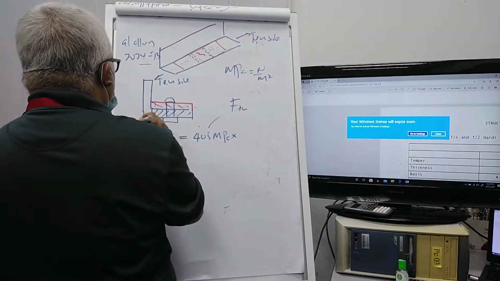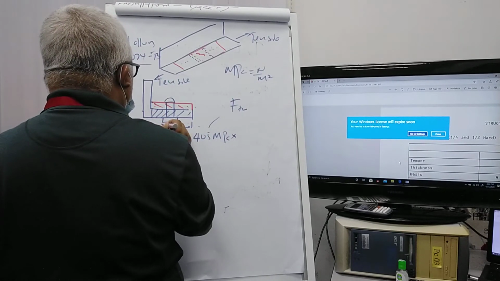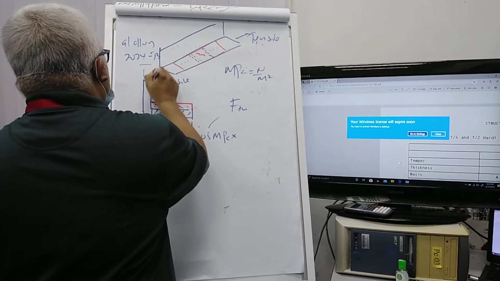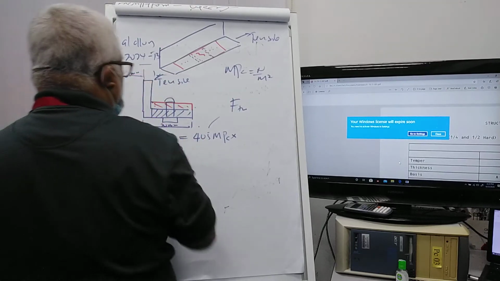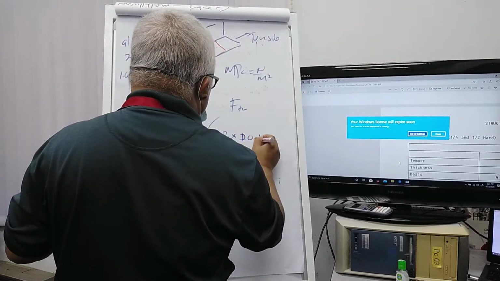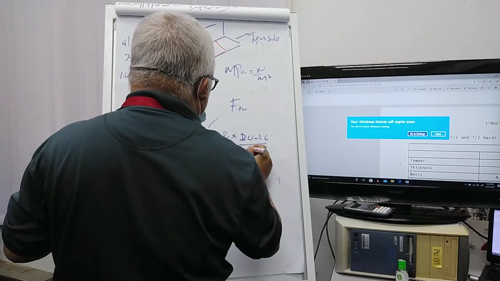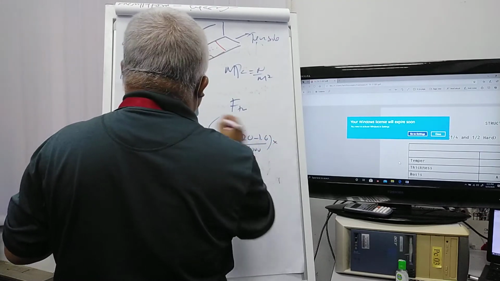So here we have said earlier it is 20 mm, and the thickness is 1.6 mm. So now we have 20 minus 1.6 divided by 1000. We have to convert to meter.